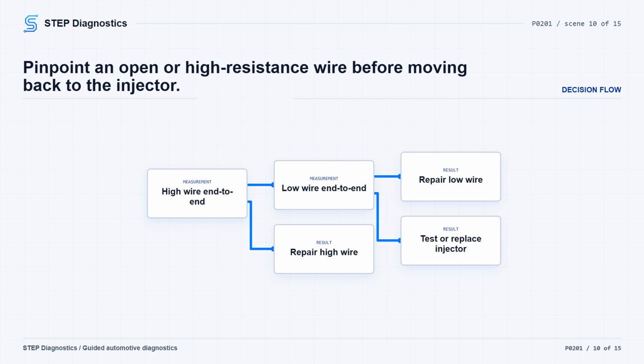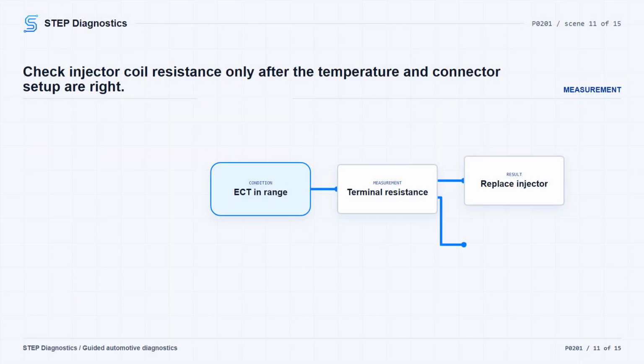For component testing, turn the ignition off and disconnect the connector at the affected fuel injector. For an accurate measurement, ECT needs to be between 10 to 32 degrees Celsius, 50 to 90 degrees Fahrenheit. Measure resistance between the injector terminals.